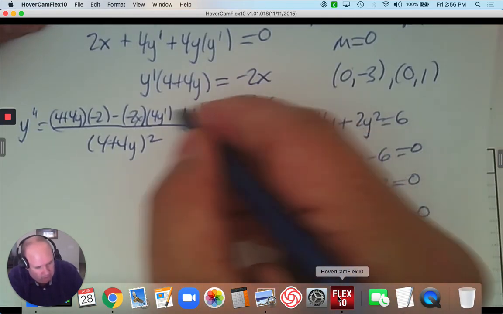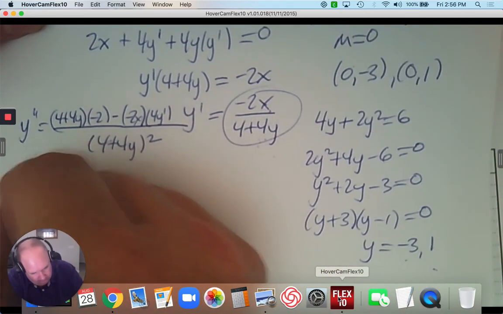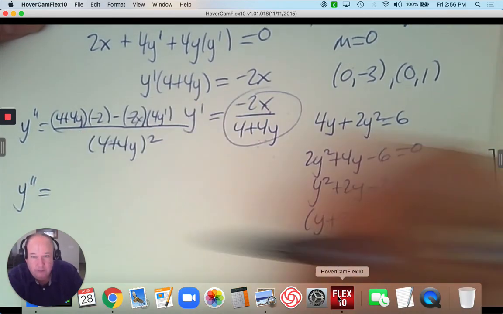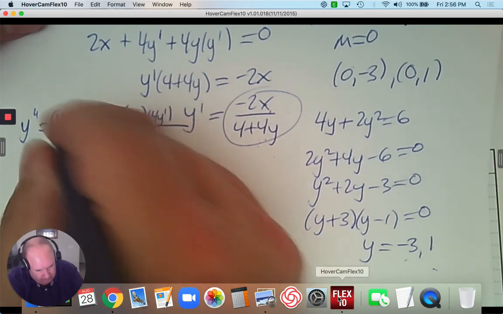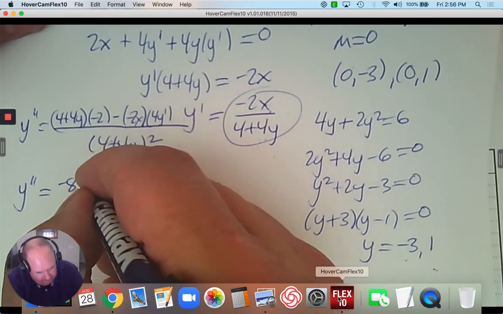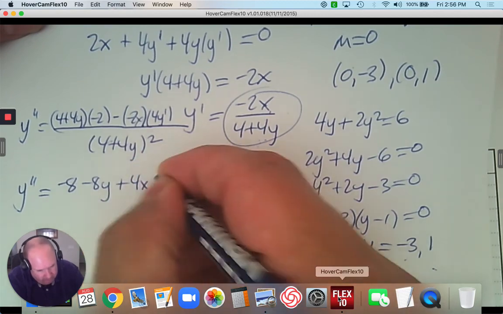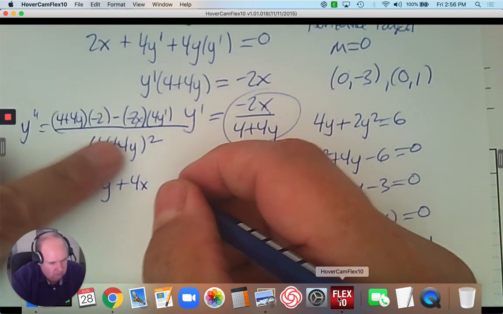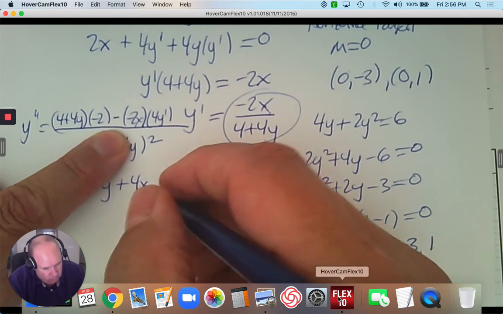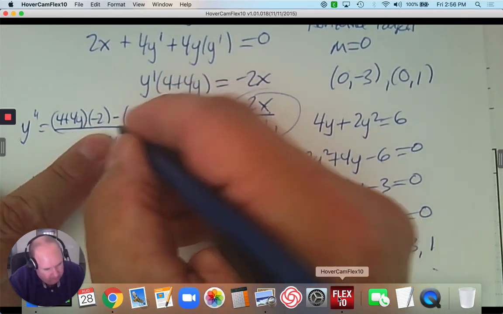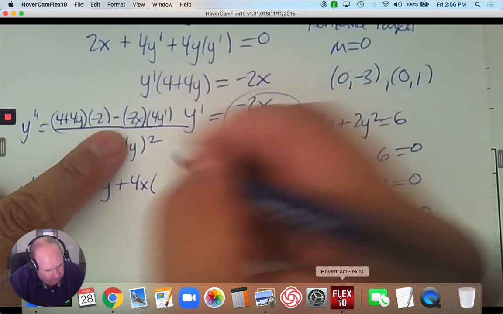So we know what y prime is. I'm going to simplify this just a little bit. Negative 2 times 4 is negative 8, and negative 8y, positive 4x. And we have 4.